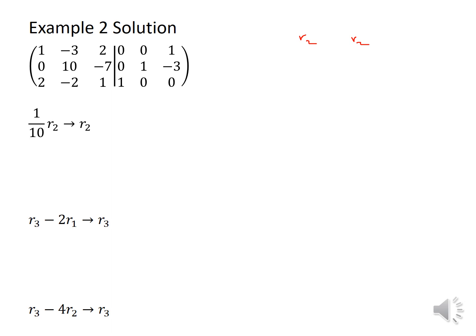So, now, to convert into 1, I just need to involve itself row. So the R2 is 0, 10, -7, 0, 1, -3. So I want to change this 10 to 1, meaning that I should divide by 10.